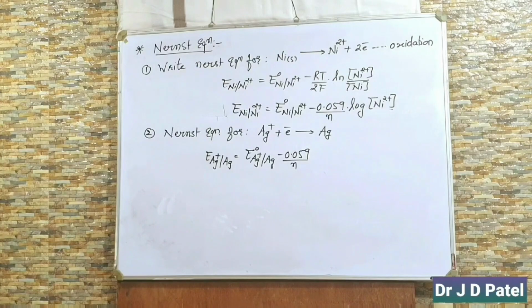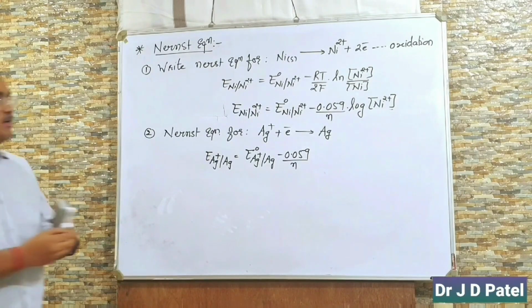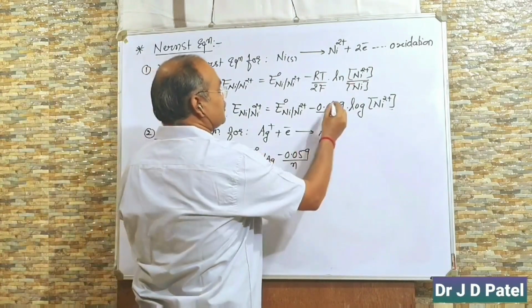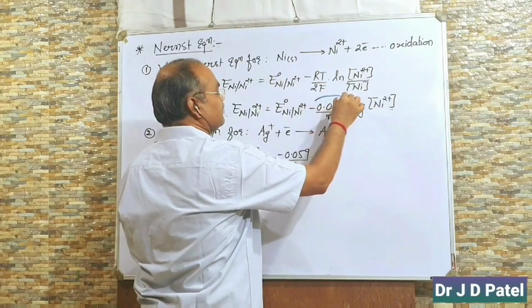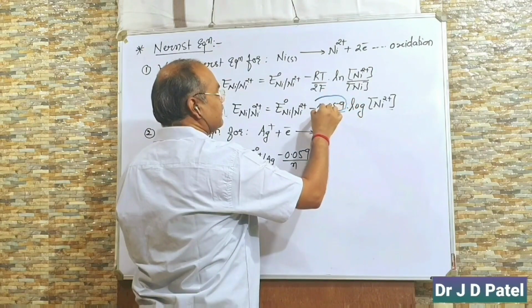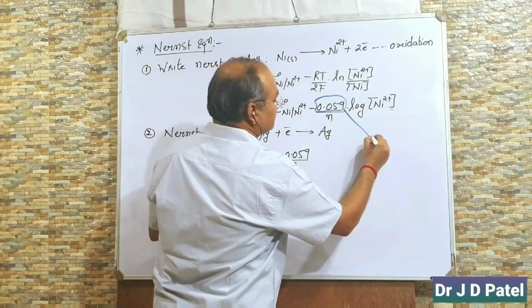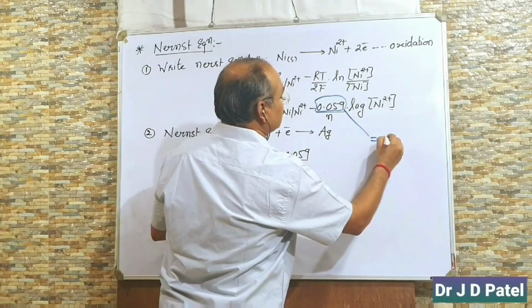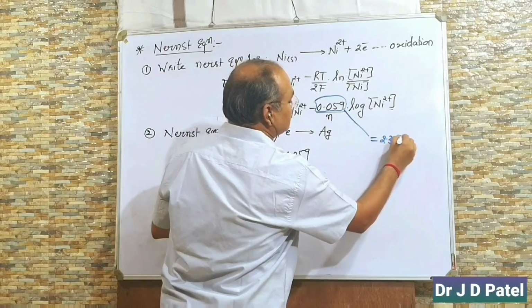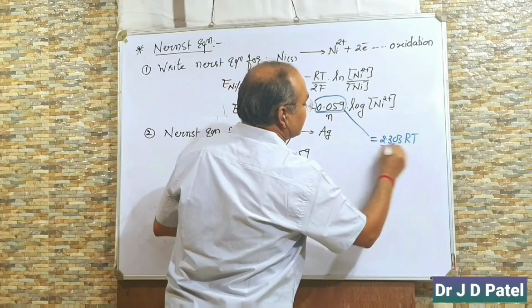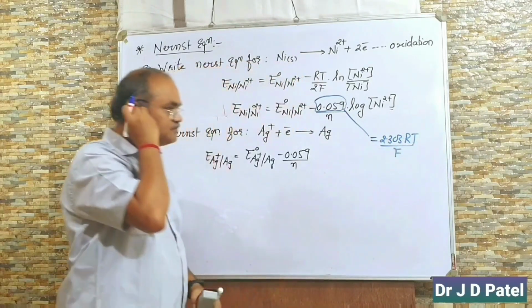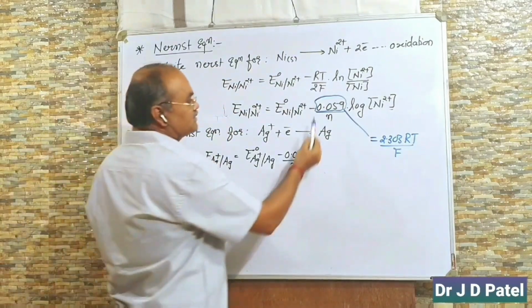I can tell you the 0.059 value. This value is the value of 2.303 RT by F. Is it clear? See, instead of RT by F, I have written 0.059.